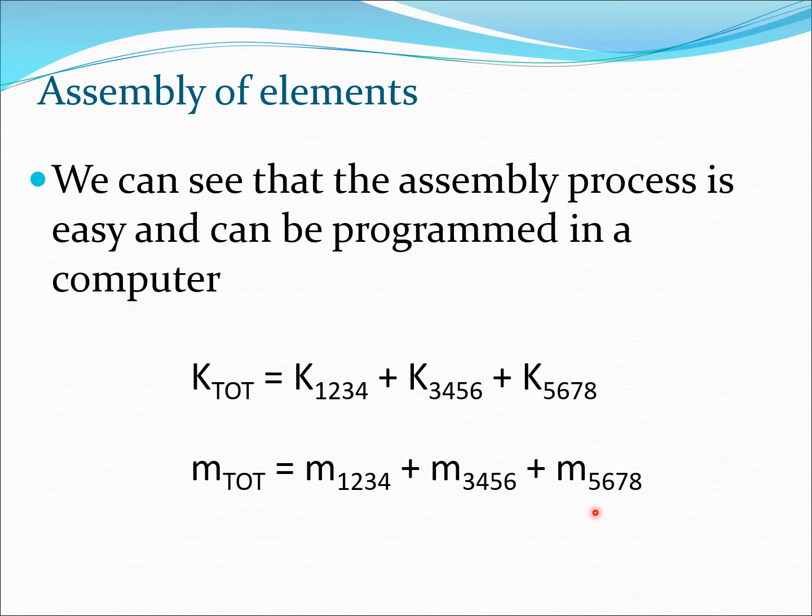Now we can clearly see that this assembly process is very easy and can be programmed in a computer. And one of the reasons for the success of the method here was that a lot of the mathematics is easily programmable on a computer, and that is why the Galerkin and Rayleigh-Ritz method quickly gave way to this method once the computers came up.